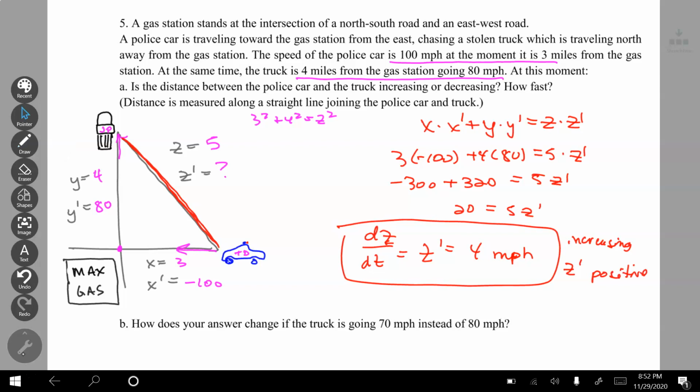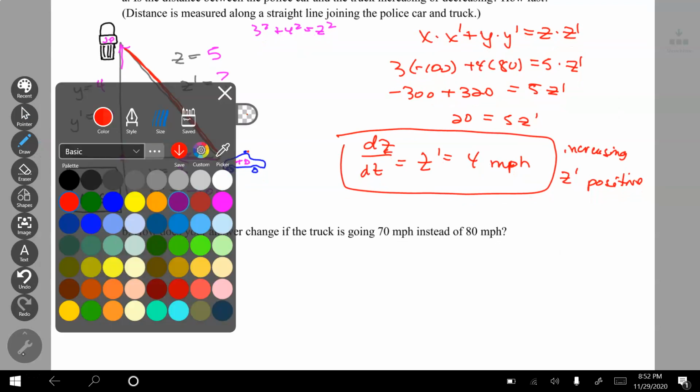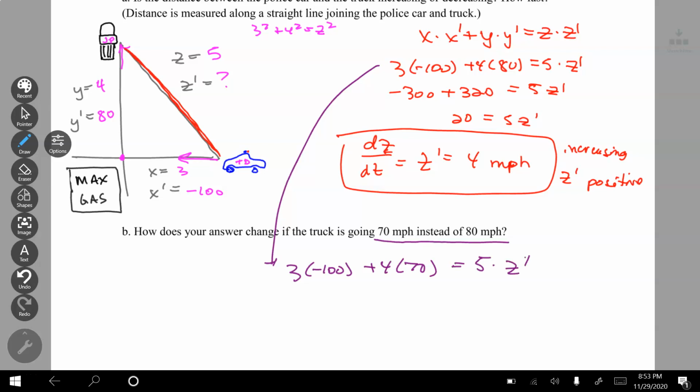So what would happen if I change my condition and I said the truck is going 70 instead of 80? Well, everything's going to be the same. So it's going to be 3 times negative 100 plus 4 times 70 now equals 5 times z prime. So negative 300 plus 280 equals 5z prime.